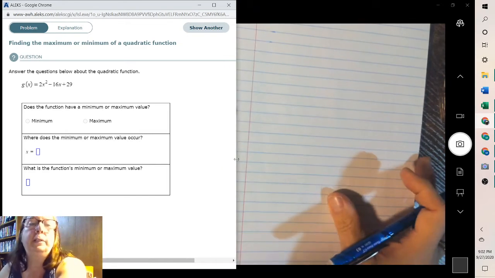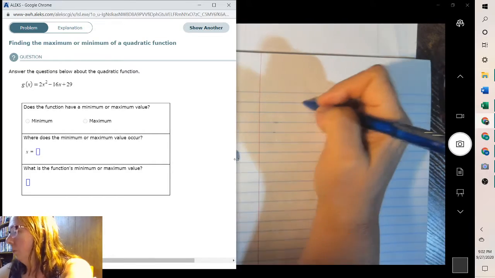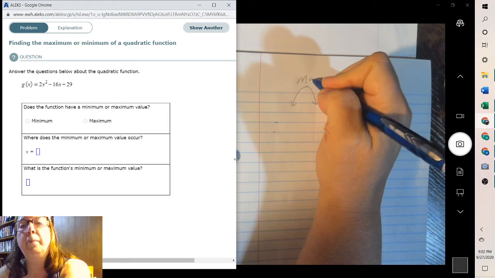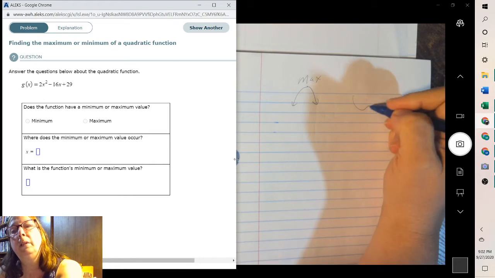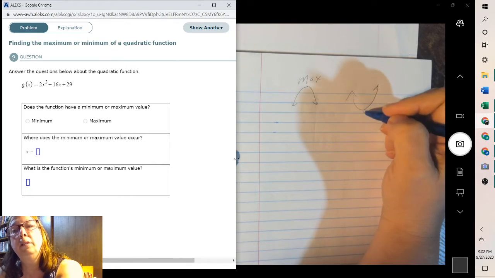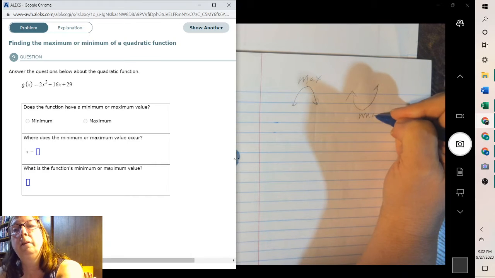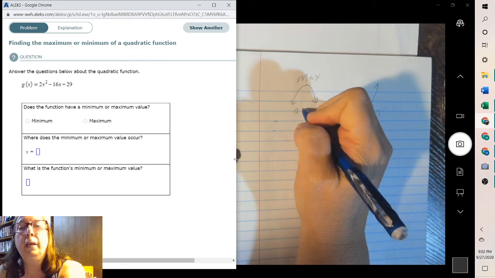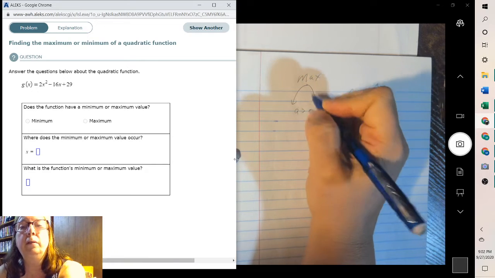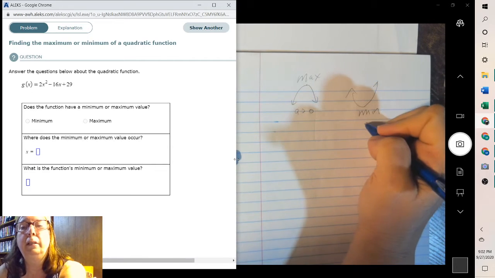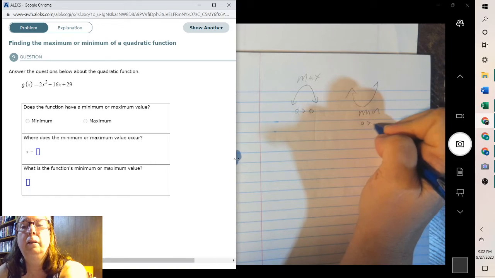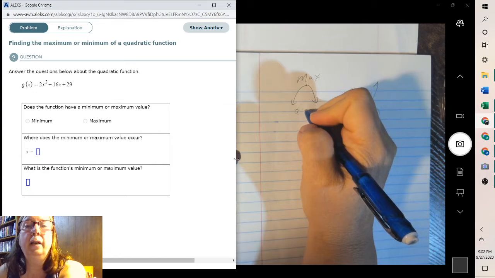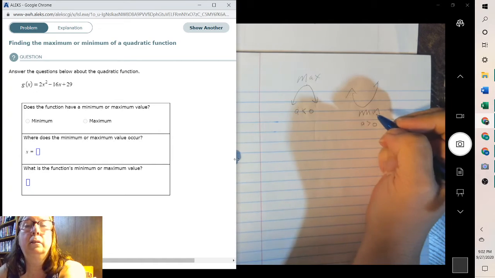Depending on which way it goes, it has a high or a low point. When it's going downward, it has a high point. This is going to be a max. But when it's going the other way, it has a low point. This is a min. And remember, you decide by your a value. When a is greater than 0, it's here. And when it's less than 0, it goes down, so it has a max.